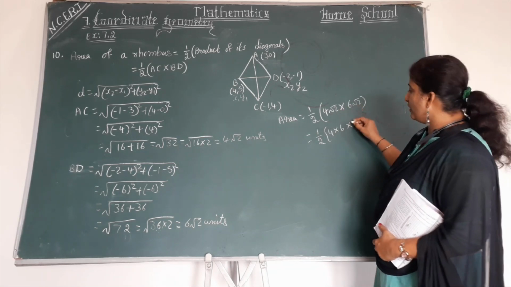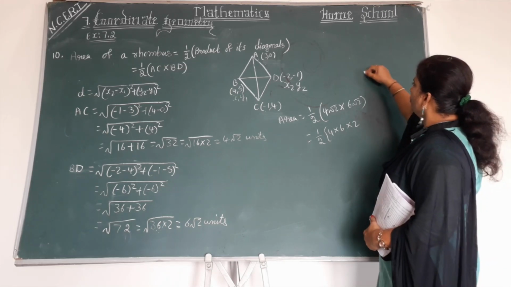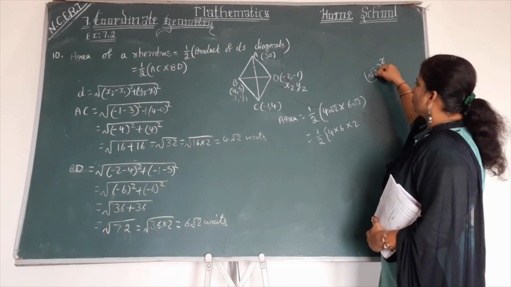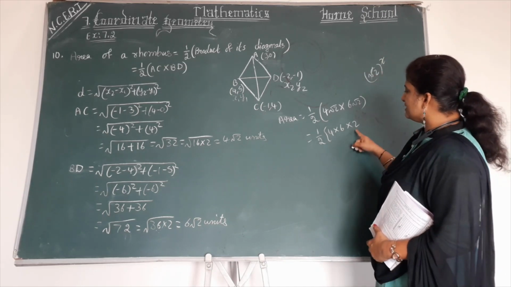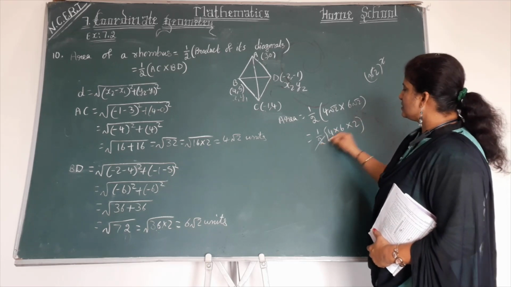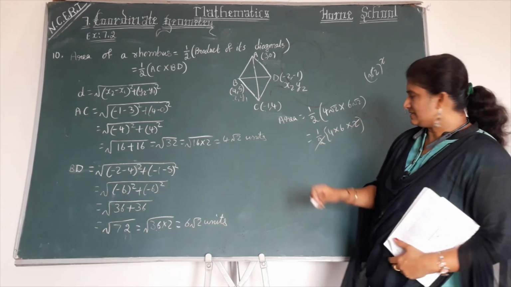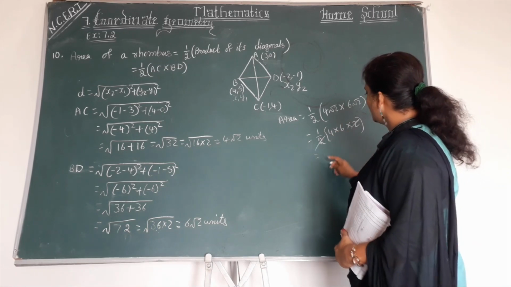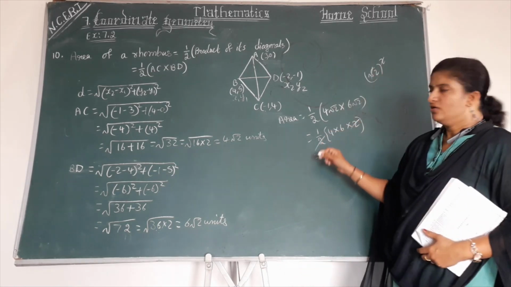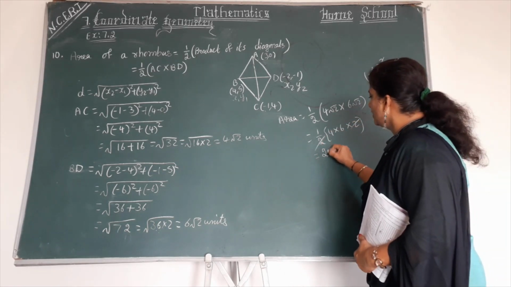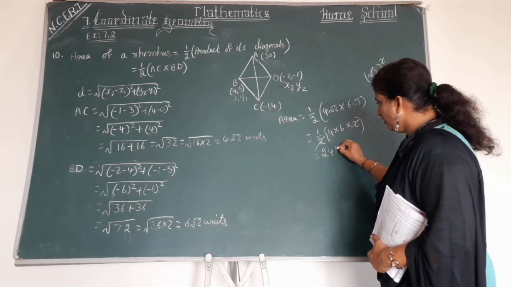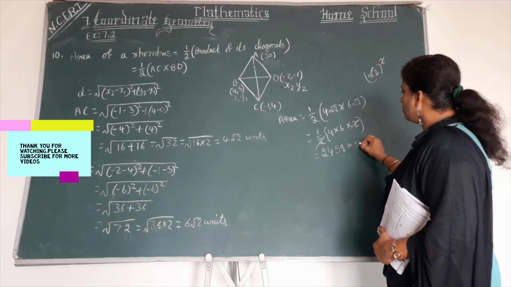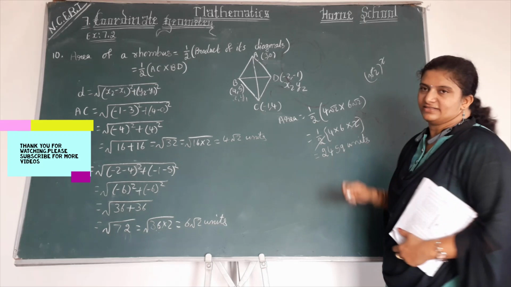Root 2 into root 2 will be 2. How do you know? Root 2 whole square. Root 2 into root 2 will be root 2 whole square. Square and root cancel, 2 will be left. This 2 will be cancelled. So how much is this? 4 6s are 24 square units is your answer.